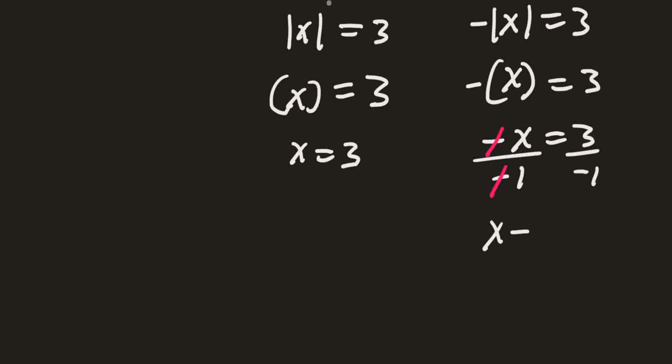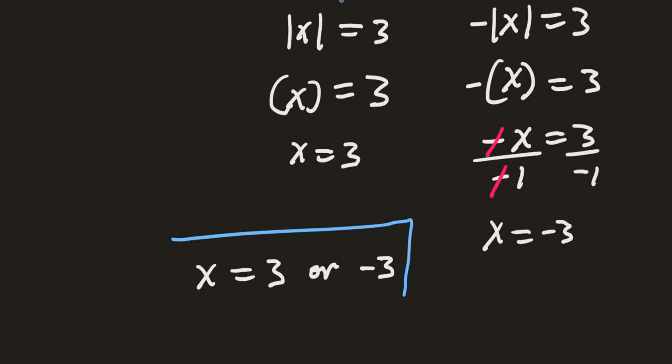So x is equal to negative 3, and finally x is equal to 3 or negative 3. So this is the answer to this question. I hope it is clear. Let's go on to the next one.